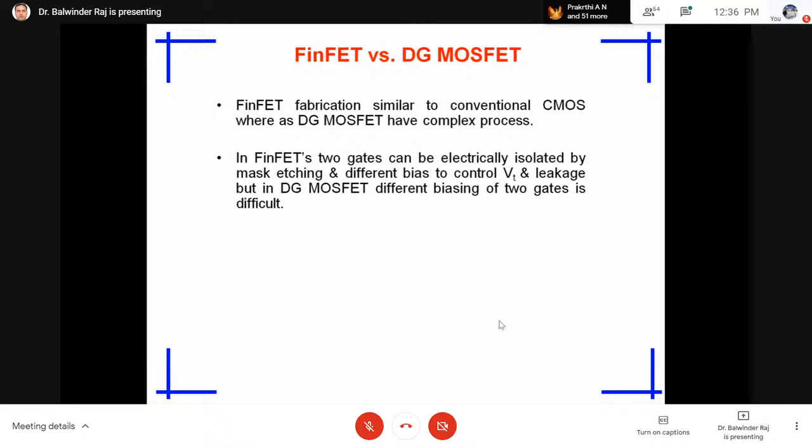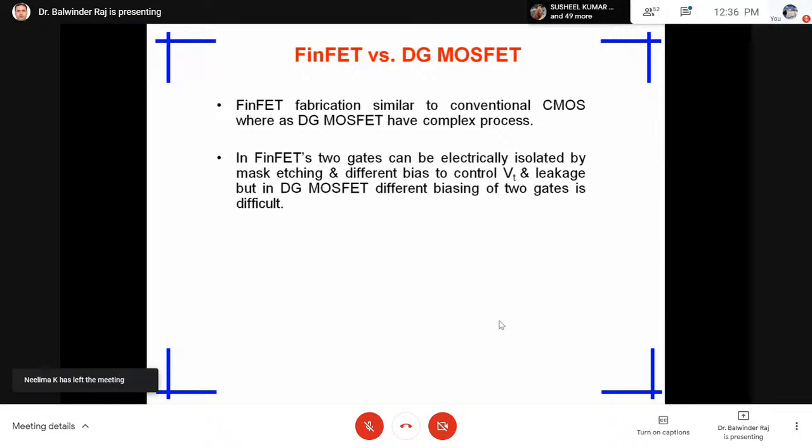For the front gate, if we have an oxide thickness of 1 nanometer, I may require a 1 volt supply. If I have a back gate with oxide thickness of 1.2 or a high K dielectric, I definitely require a higher voltage to form the channel or to accumulate the carriers in the channel. In that case, we require separate power supplies for both front and back gate.